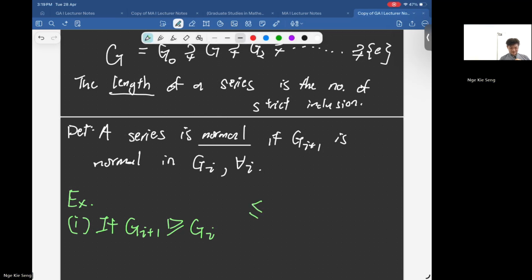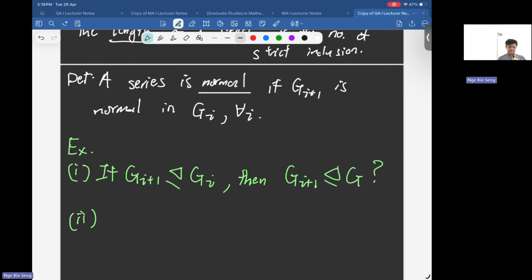Okay, this one is okay. So if it's a normal subgroup of G_i, does it imply that G_{i+1} is normal in G? This is a question.